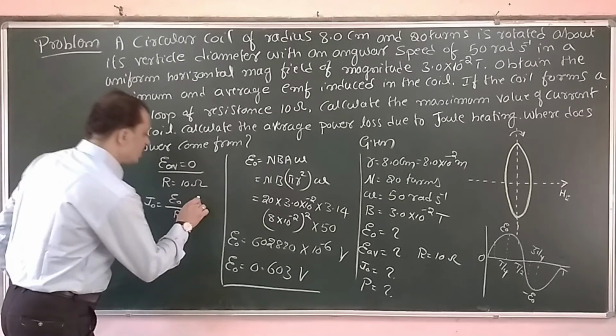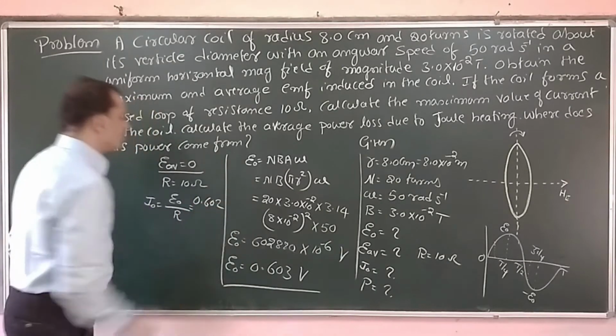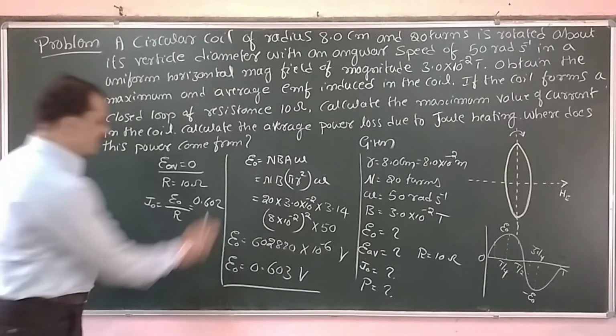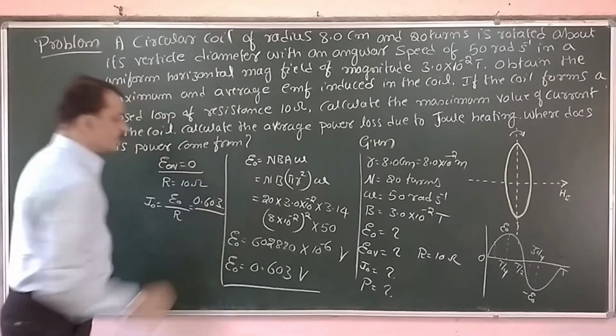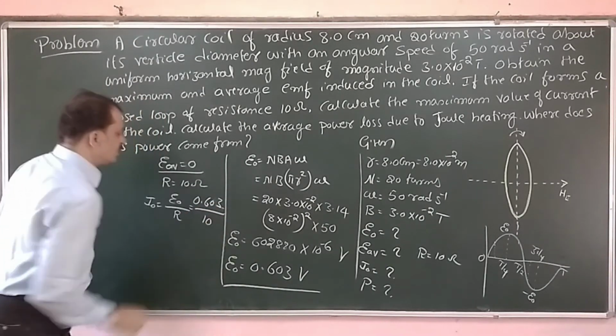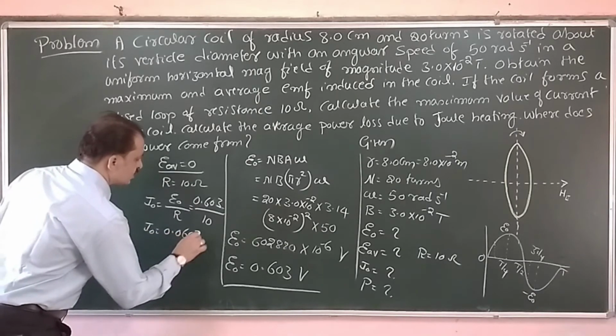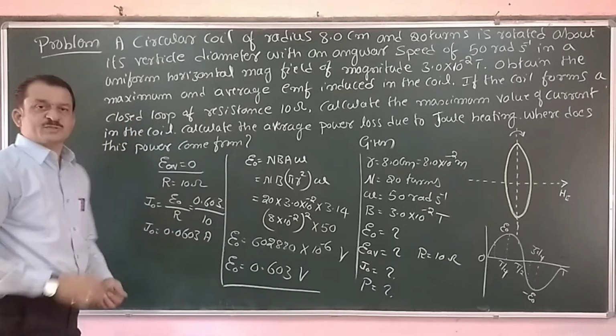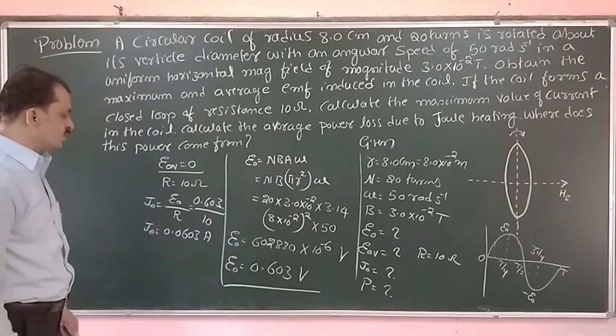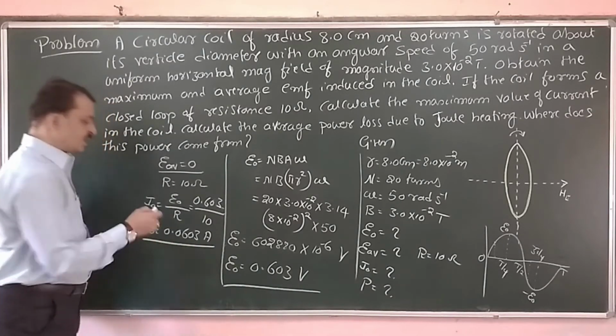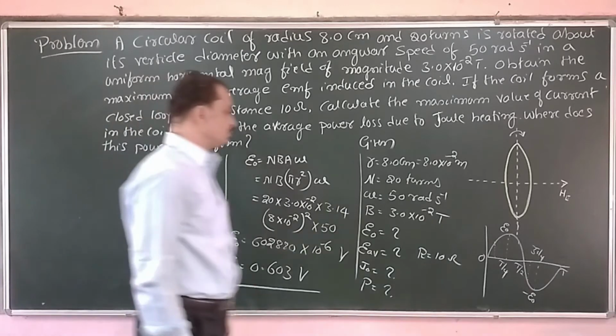The induced EMF we have just worked out is 0.603, divided by resistance 10 ohm. Therefore, the current is 0.0603 amps. This much amount of current is induced.